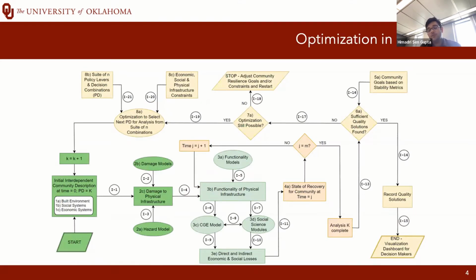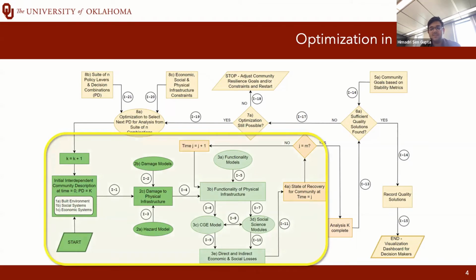This slide is an overview of how InCore is working and helping the community enhance their resilience. The marked portion is where the extensive work is already done, showing the current stage of the work, and all the damage stage and hazard modeling are done here.